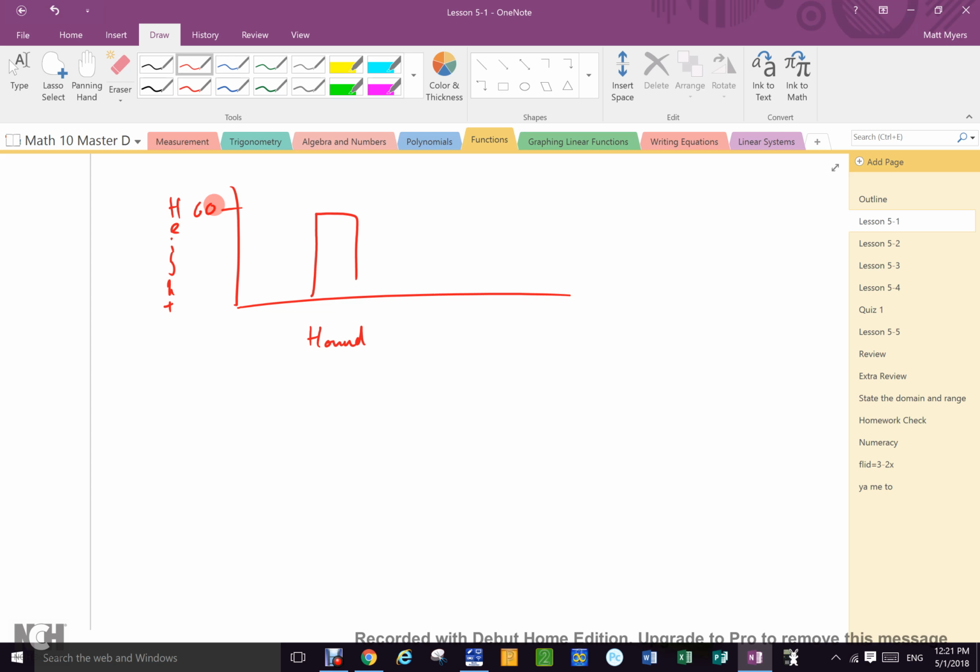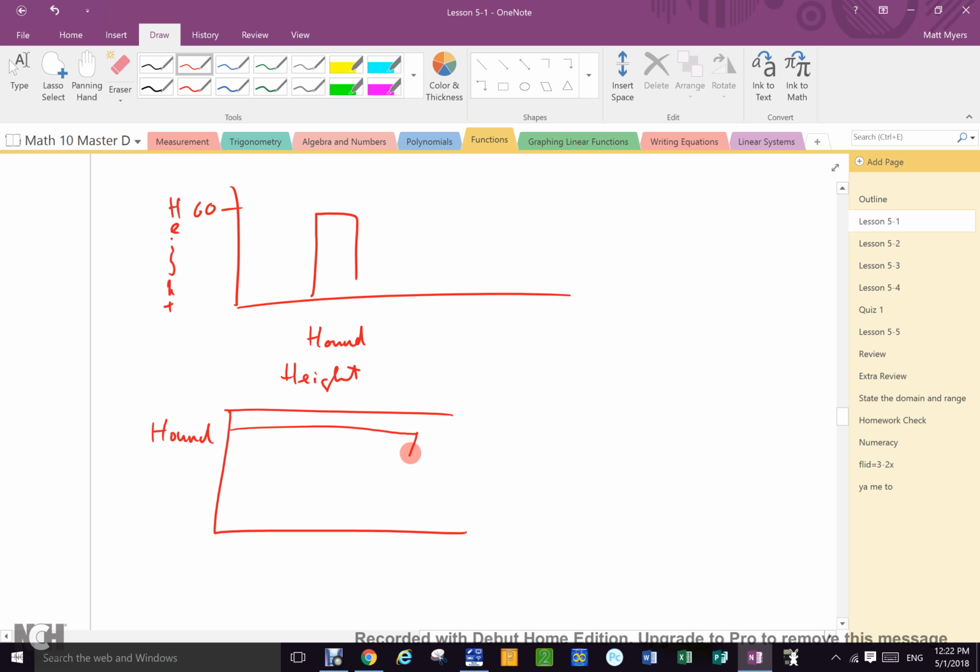Understand? Now, Louis, let's say I have this graph, but it doesn't fit on my page. I'm trying to create a poster or something. So I turn the graph sideways. Hound, height. And I go this way.